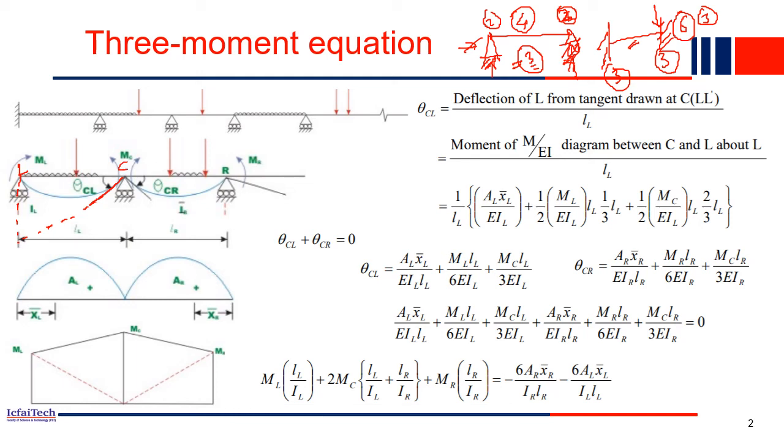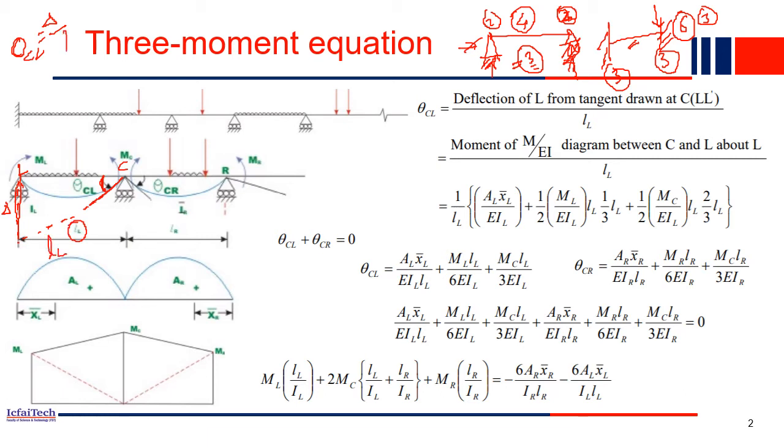At L, whatever is the deflection, I call it delta. So theta CL is this angle. Theta CL can be written, if you take the triangle, as delta, the total deflection at this point, over the total length. The total length is given to us, this LL.